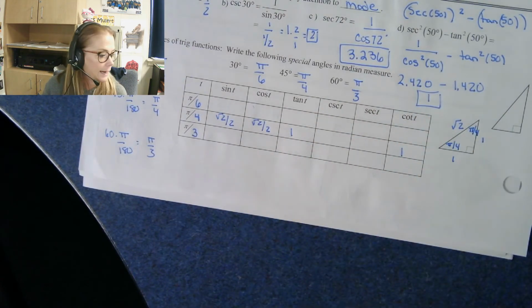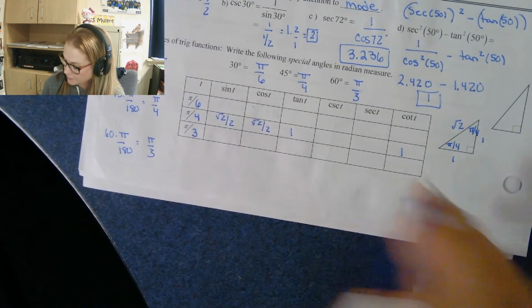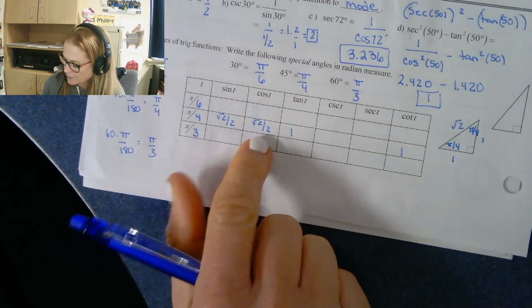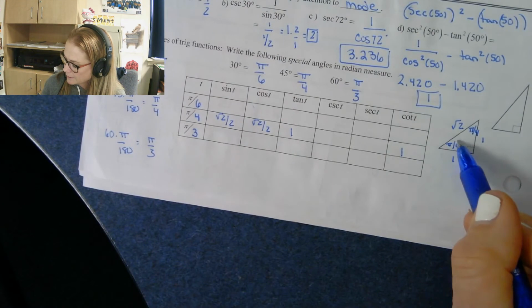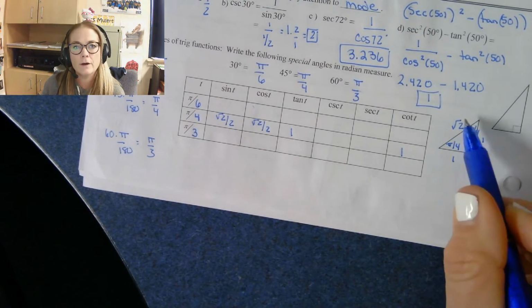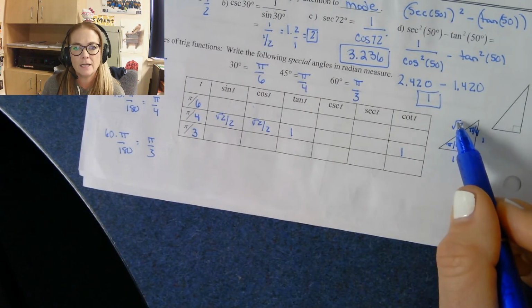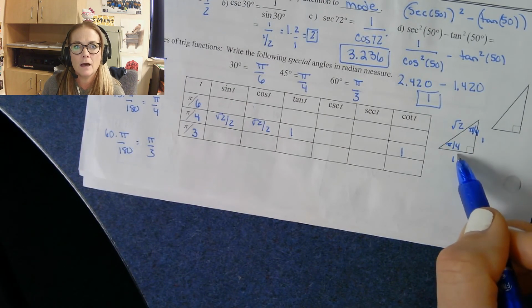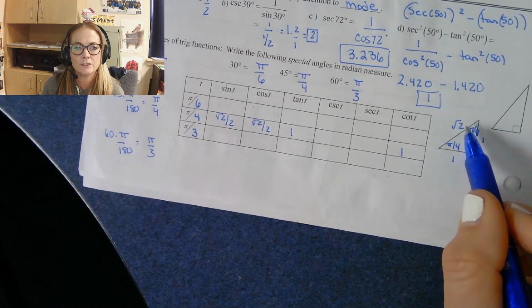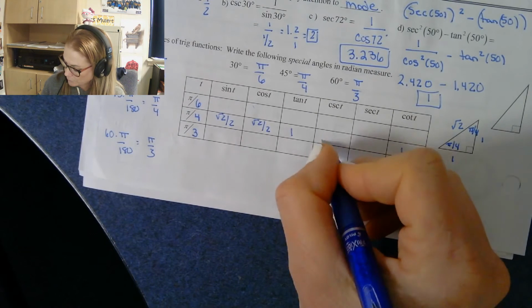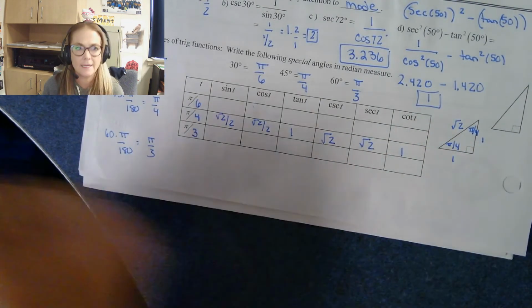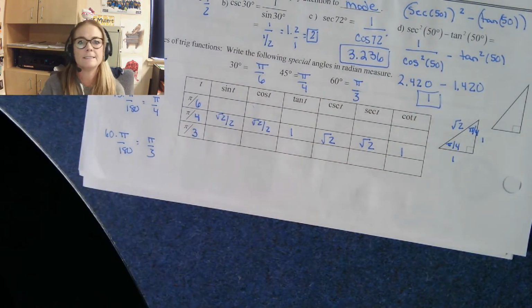Remember, 1 over root 2 has been rationalized to root 2 over 2, so when I reciprocate this, unrationalized, if you will, it's just root 2 over 1. So this is just root 2, same because the angles are the same. 45 degree angles are super easy.